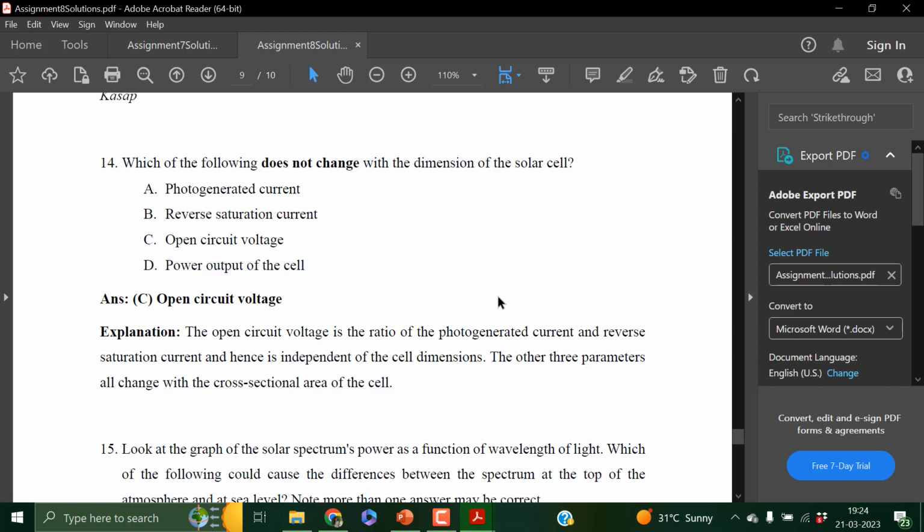Madam, even the reverse saturation current does not depend upon the dimensions. It is equal to Ni square into D divided by L into Na. When you are seeing that equation, you should check whether any of these values depend on the dimension. Ni does not depend on how much we use.